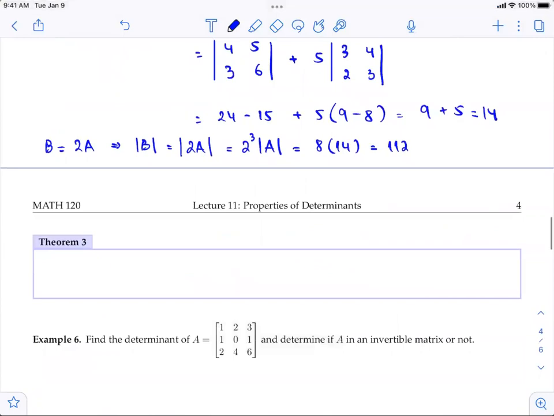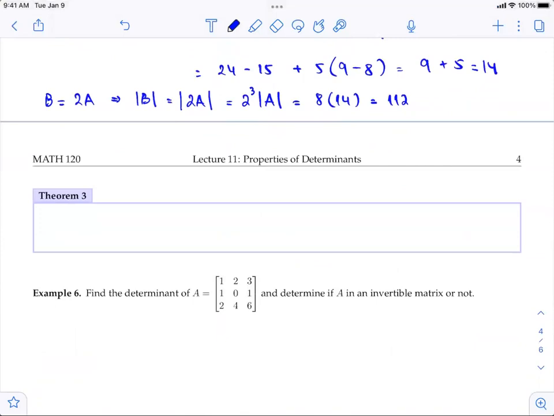Now moving on to the next property. In this property, we're going to look at the condition such that we can identify if a matrix is invertible or not.